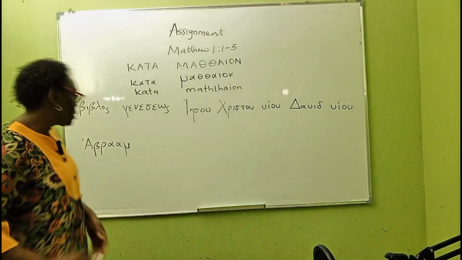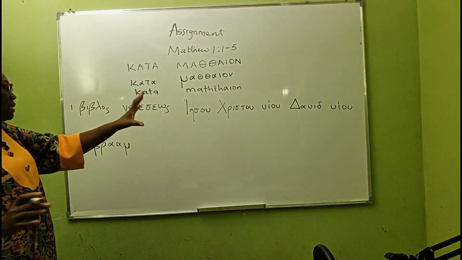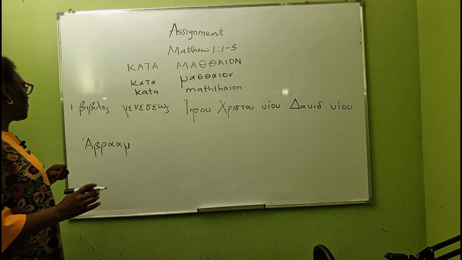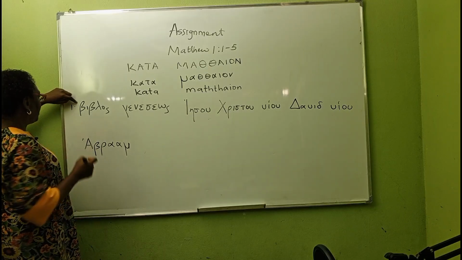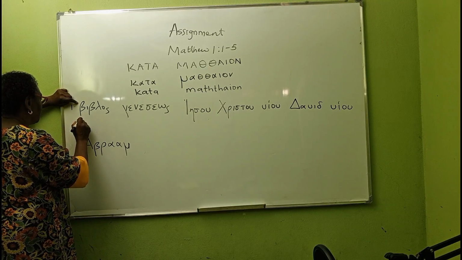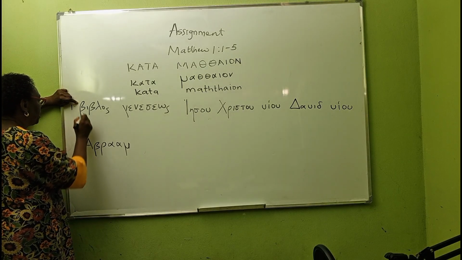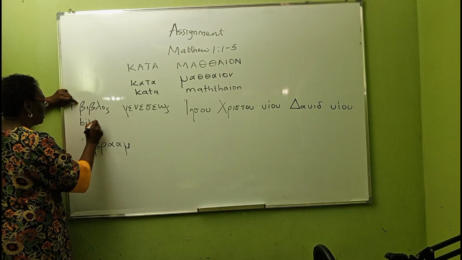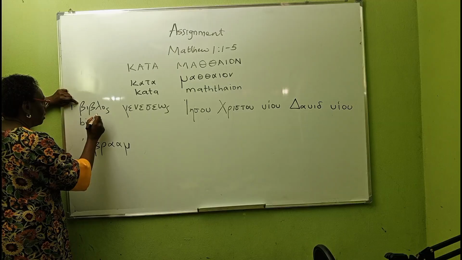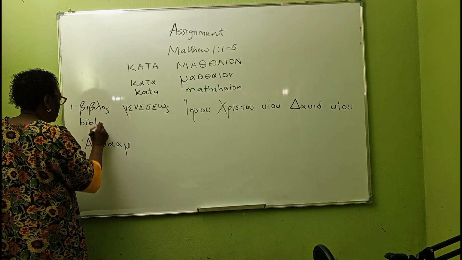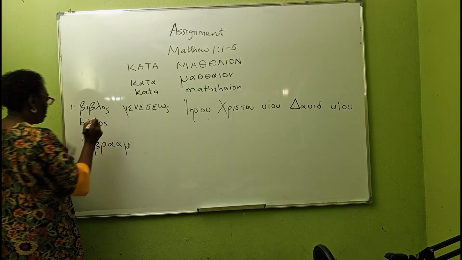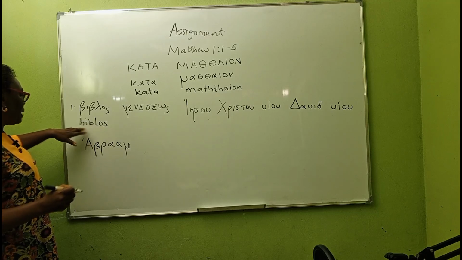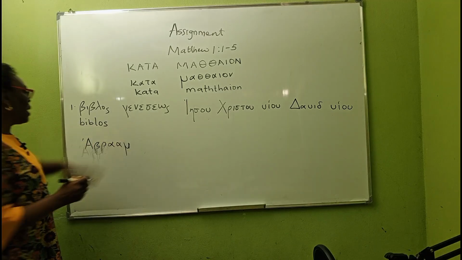Okay, so I want to now transliterate this. This is beta, so I'm going to write B, this is iota, this is B, this is lambda, this is omicron, this is sigma. By the time you look at it this way, you'll be able to pronounce it.